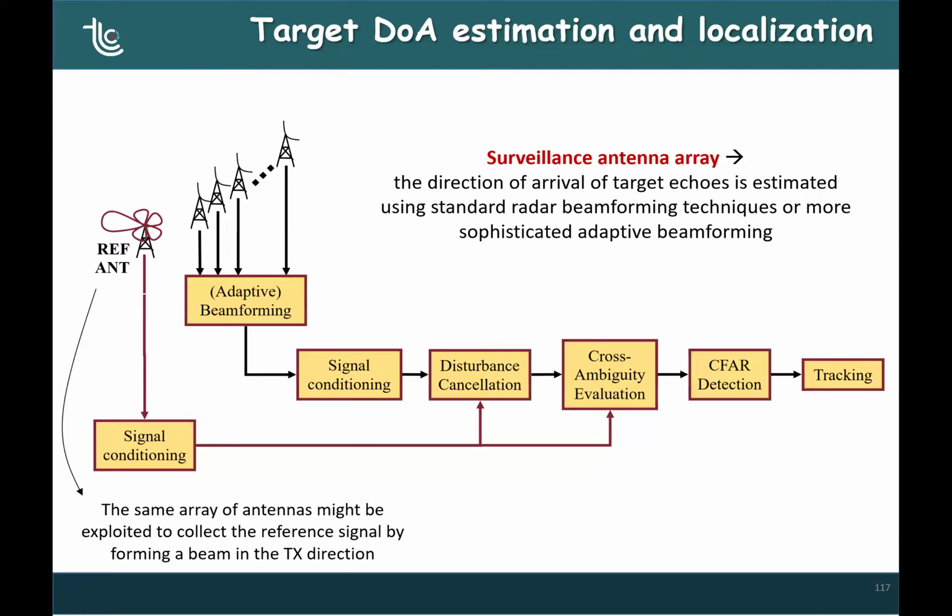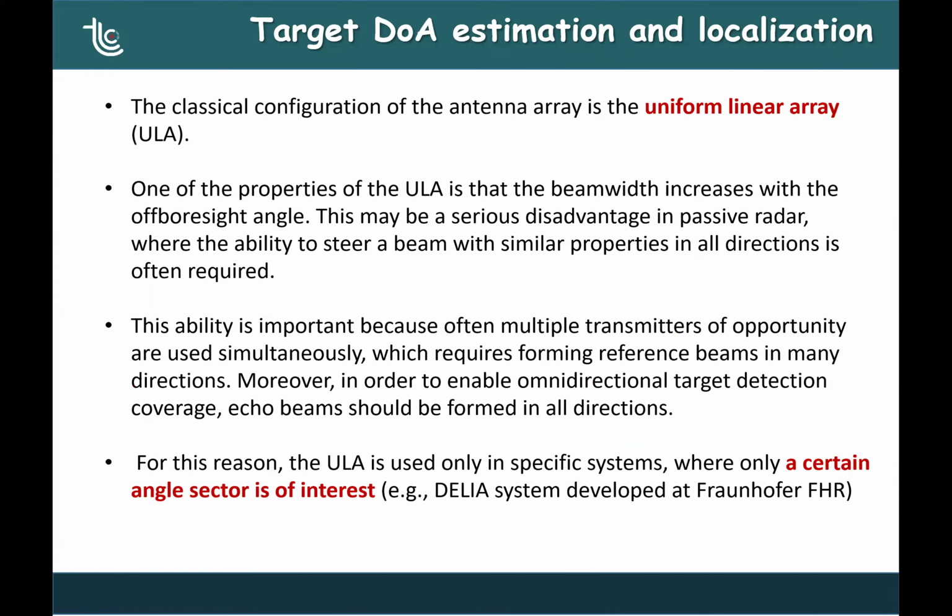changing the phases of each antenna in order to move the beam. We can do this on receive, before the signal conditioning and so on. So in some systems, the classical configuration for the estimation of the direction of arrival is the uniform linear array.